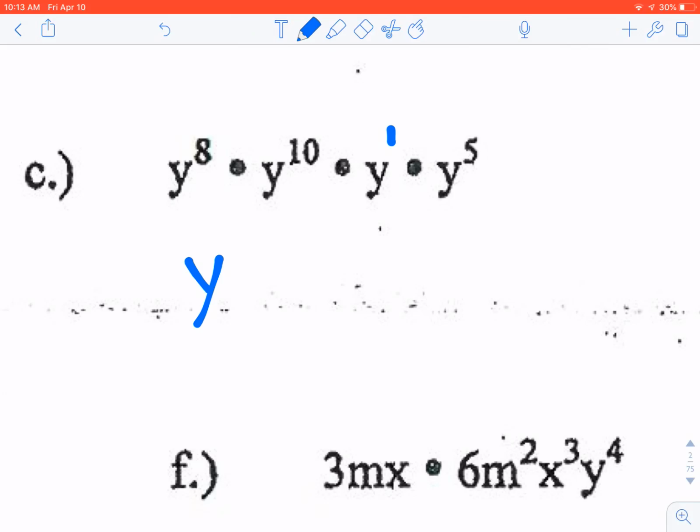So if you guys want to take a minute, you would type into your calculator 8 plus 10 plus 1 plus 5. You end up with 24. So your answer in exponential form is y to the 24th. And remember, this just means you would take y and multiply it by itself 24 times. Y times y times y times y. Again, 24 times.